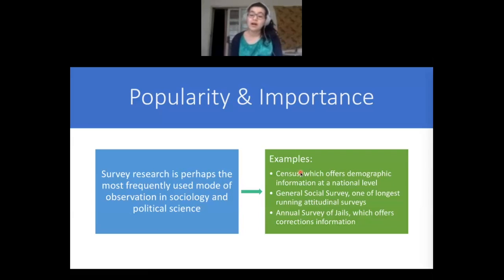It's required as their job to do so. And we see this a lot too, not just in criminal justice, but with nonprofits: state nonprofit associations will conduct surveys of all of the nonprofits within a state. You'll also have professional associations that do their own internal surveys, so they know how to best serve the organizations that they're affiliated with.